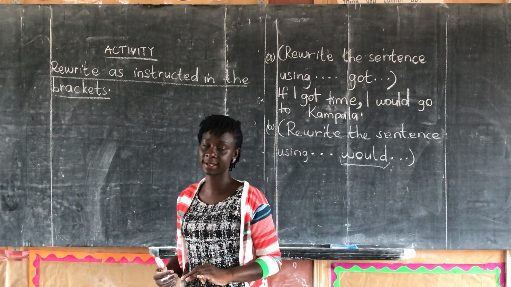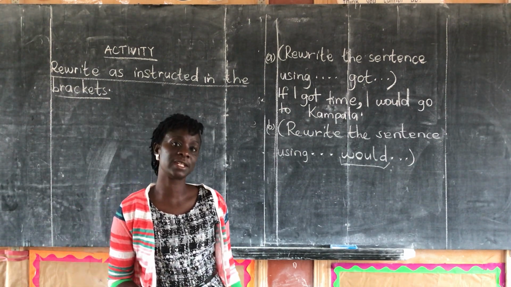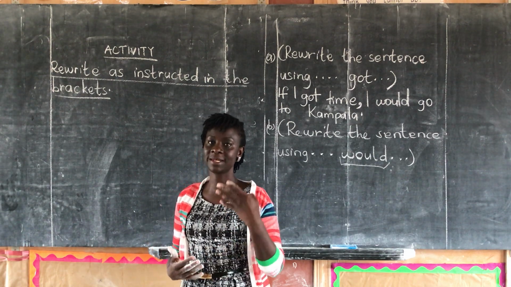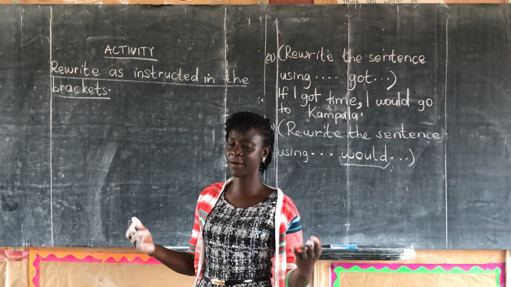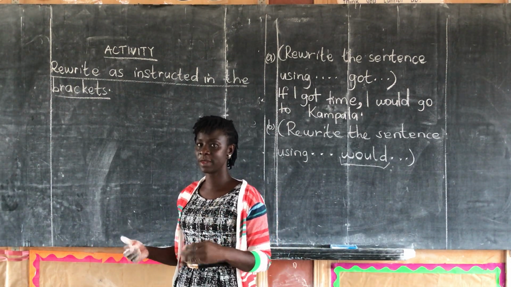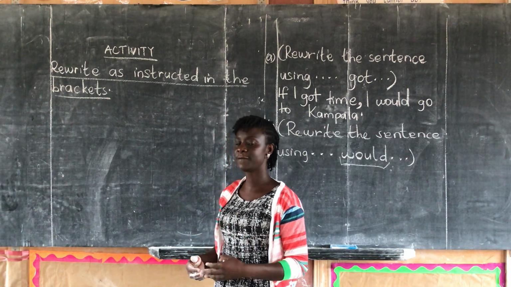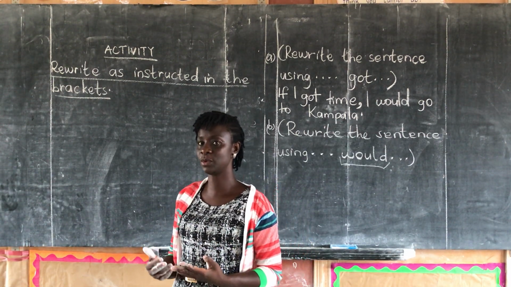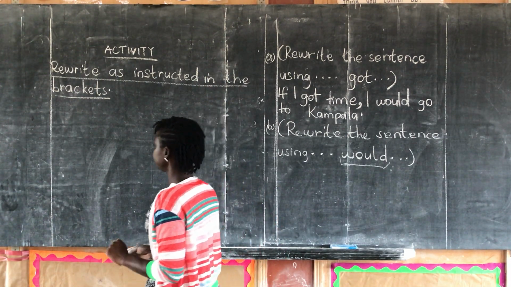Remember, I've told you that we don't have any examination where you will be asked to rewrite in if 1. No, the issue is for you to know the tenses used in each of the conditionals. Where you find will, of course you know that that is if 1. Where you find would, that is if 2. So it's a matter of knowing how to interchange the verbs and how they move.